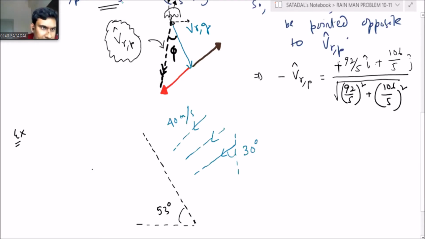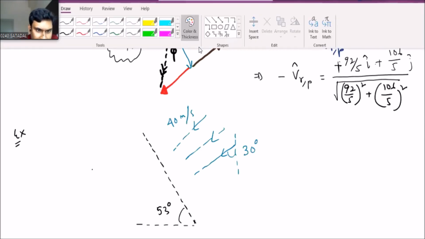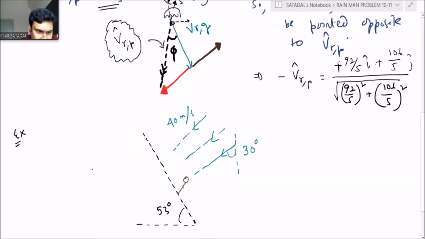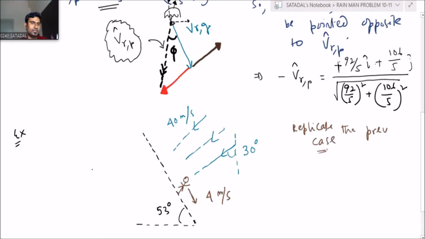And a person is coming down with 4 meter per second. Replicate the previous case. Do it, please.